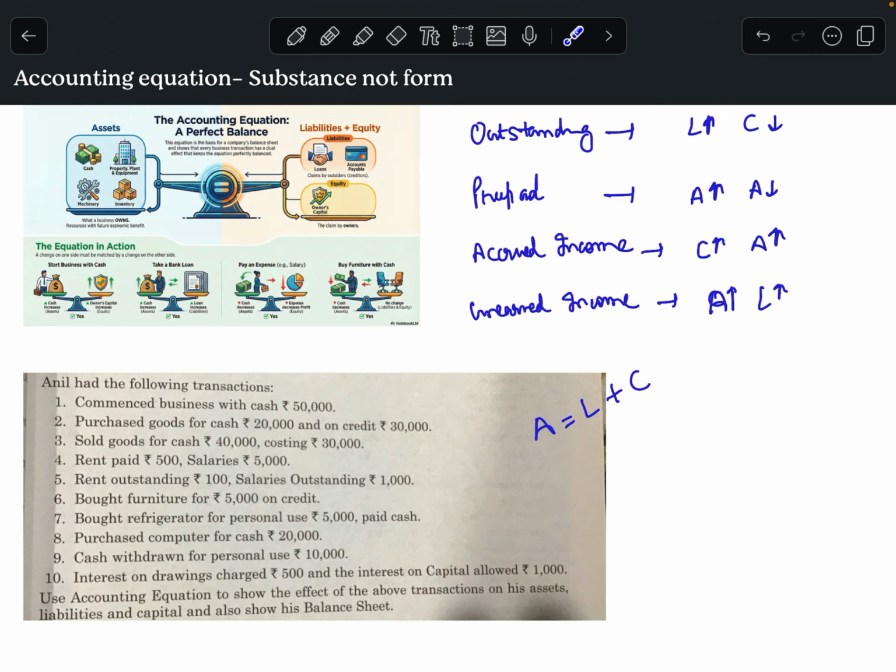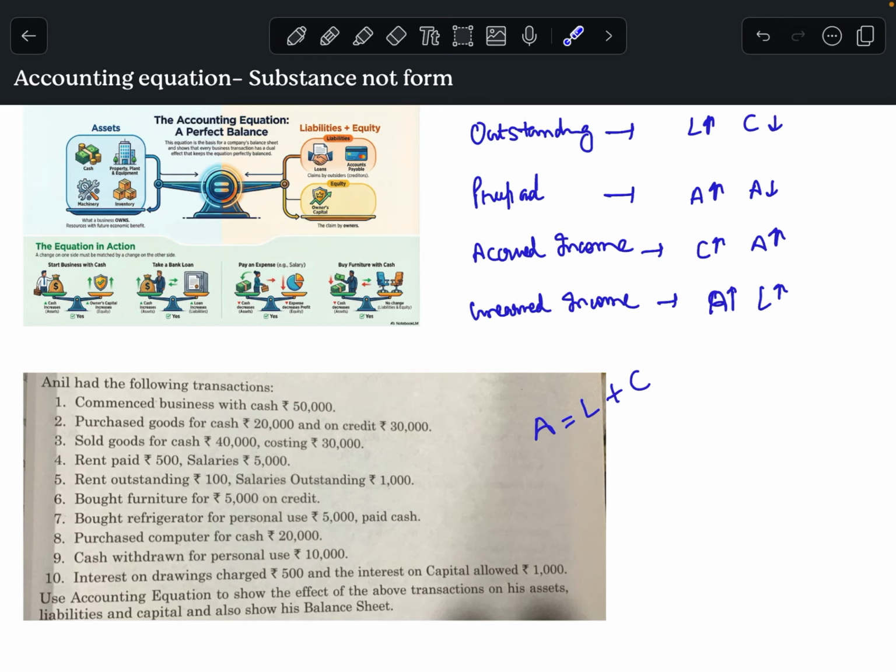Since accounting is based on the dual aspect concept, for every debit there is an equal and opposite credit. Hence, the sum total of debits will always equal the sum total of credits.